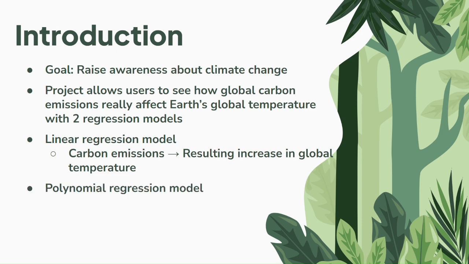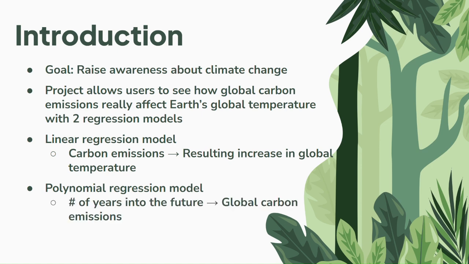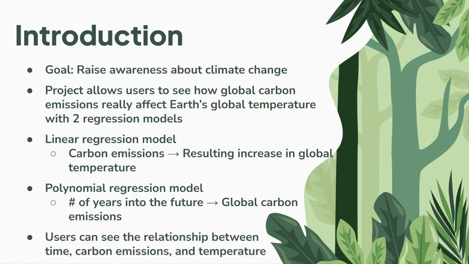Then using our polynomial regression model, users can enter how many years in the future they're interested in and see what the global carbon emissions would be like at that time if humans keep polluting at the same rate they currently do. So using both of our models, users can really see the relationship between time, carbon emission, and global temperature for themselves. And so they can really see the severity of climate change. Now, in order to accomplish this, we use carbon emission and temperature datasets from Kaggle.